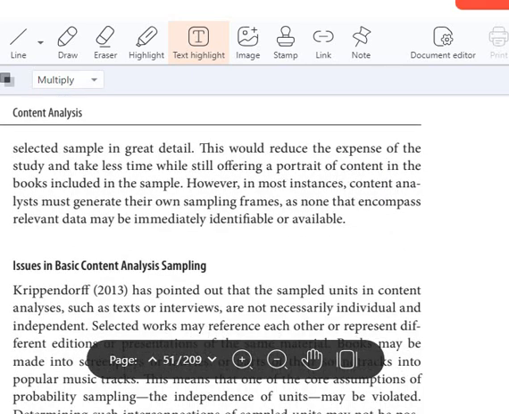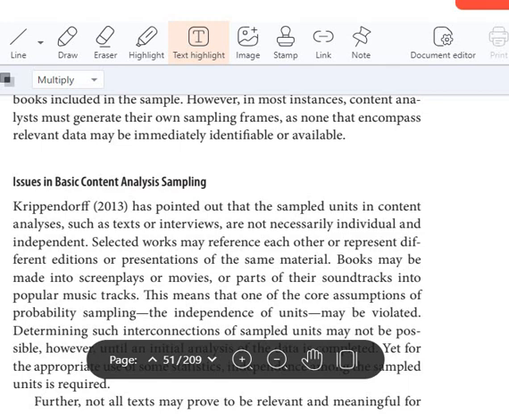Now let's move on to the issues in basic content analysis sampling. Here, what we should understand is that Krippendorff has pointed out that the sampled units in content analysis, such as the text or interviews, are not necessarily individual or independent, okay? Selected works may reference each other. So it is important to have independence here. Why?